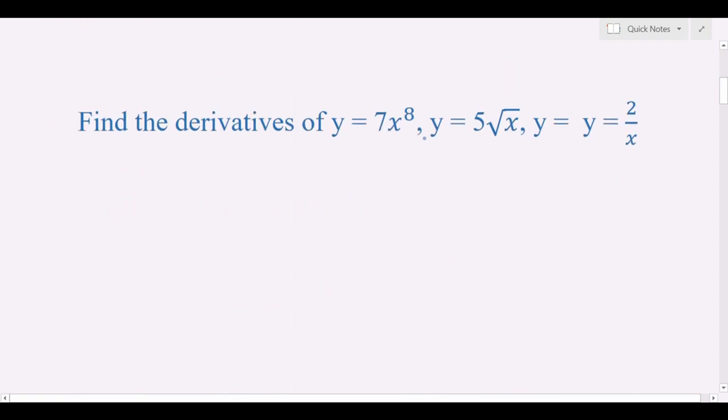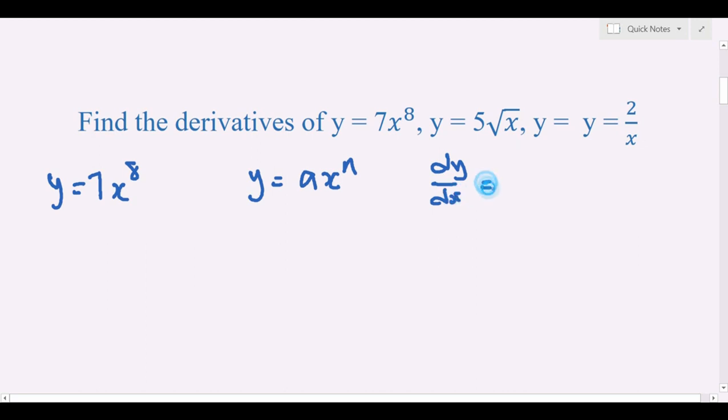Here we have 3 differentiations to do. The first one says find the derivative of y is equal to 7x raised to power 8. But you recall that if our y is equal to a x raised to power n, then our dy/dx will give us n a x raised to power n minus 1.